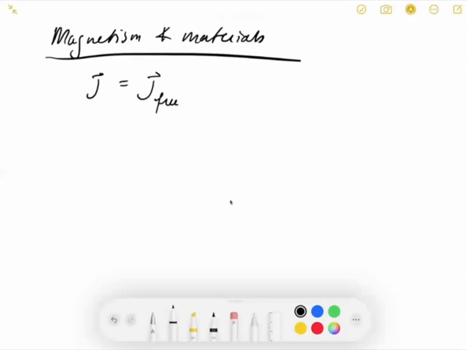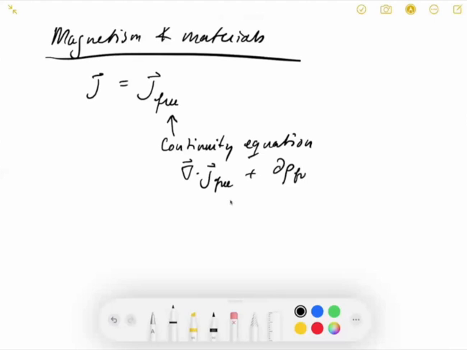That's what we now call J free, and J free is that part that is involved with the flow of free charges, right? So for that, there's a continuity equation. That says that the divergence of J free plus the time derivative of rho free is equal to 0.